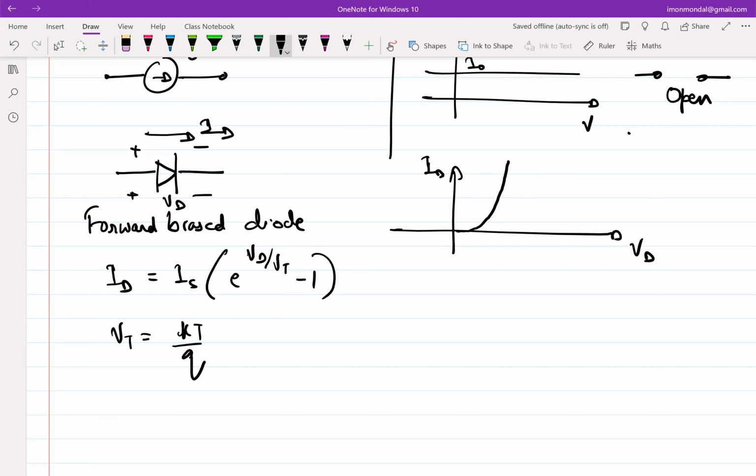So let's say I pick a point where I assume that this is the quiescent point. So let's say VDQ, this is IDQ. So what will be the slope around the quiescent point? Yeah, so slope is del ID over del VD, which is IS over VT times e power VD over VT.